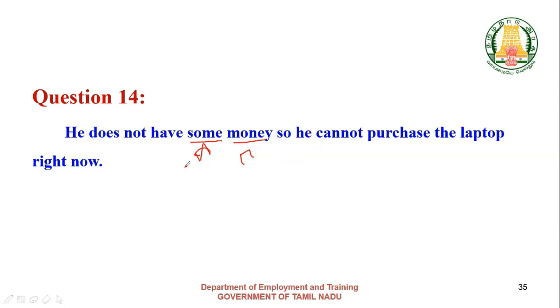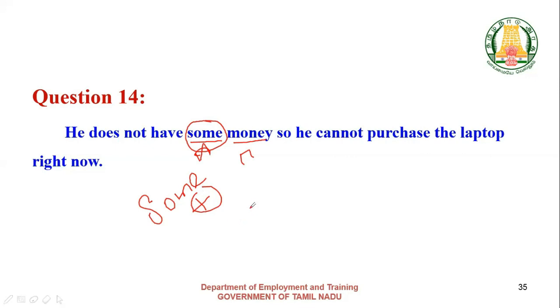So find out the error in the sentence. What should be changed and what should be replaced? Actually, some is used for positive sentences. He has some money. I have some money. In a positive sentence, we can use the adjective some.